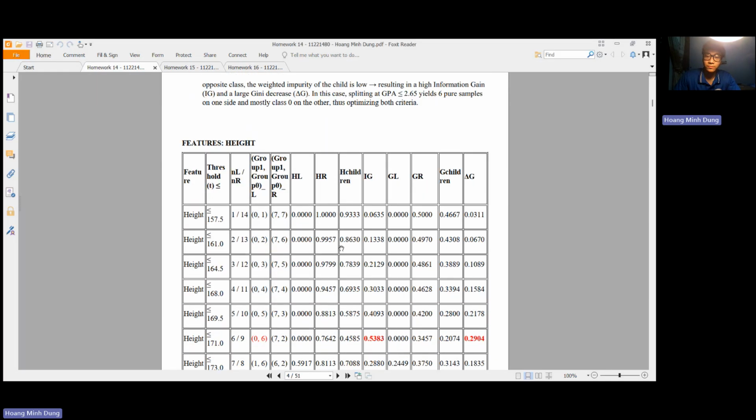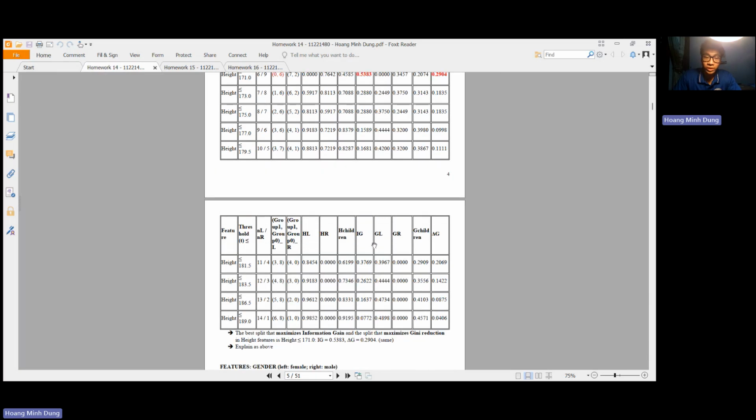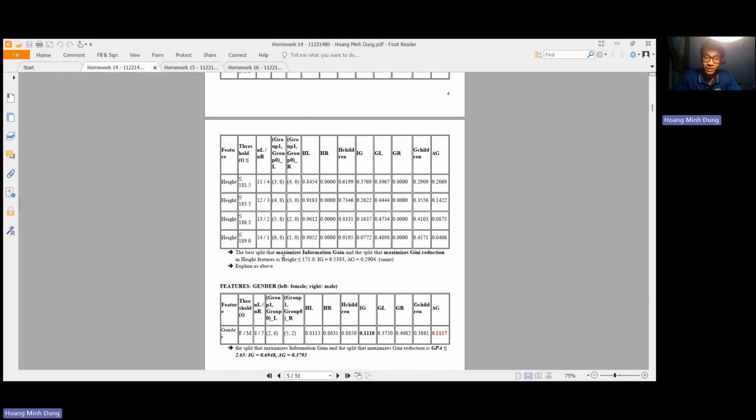I manually calculated every single point to decide which split is best, the one that maximizes information gain and maximizes Gini reduction. I also learned some knowledge to deal with overfitting, like pre-pruning and post-pruning.